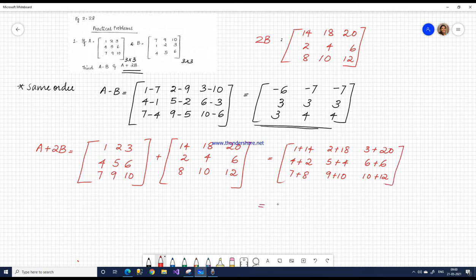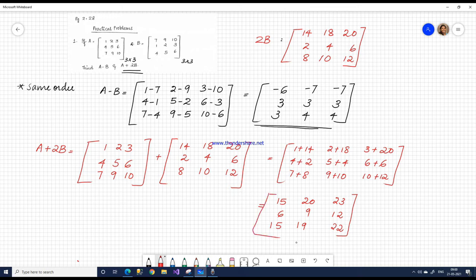So the resultant answer will be 15, 20, 23, 6, 9, 12, 15, 19 and 22, closed with the square bracket.